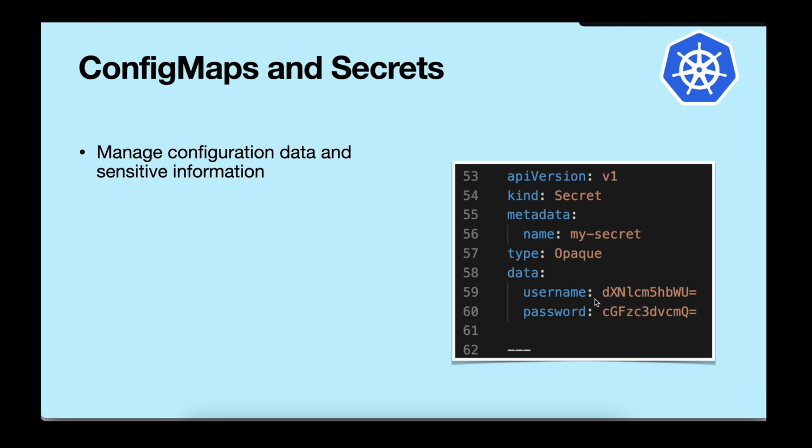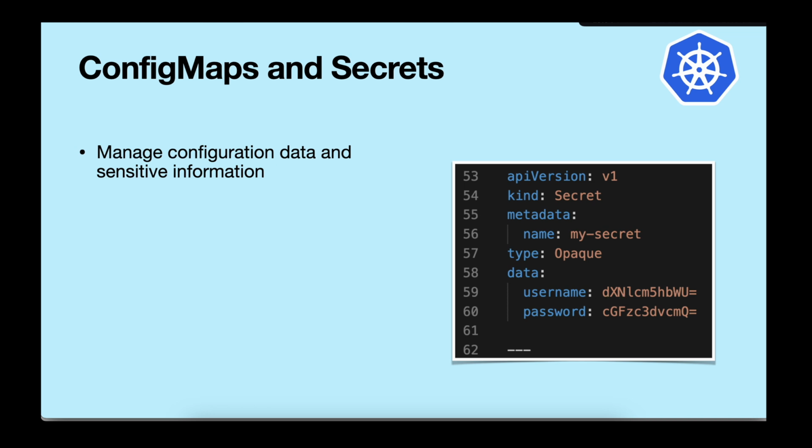Secrets, on the other hand, securely store sensitive data such as passwords or API keys to ensure that they are not accessible by unauthorized entities. These values are stored as base 64 encoded. When you assign the username inside the container as an environment variable, it will be decoded and can be used by your application.